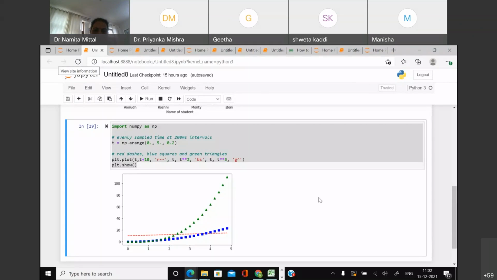The second statement is t, can be anything, it's a variable name. np dot arange is a way of creating, आप एक array को create कर रहे हैं। जैसे मैंने लाइन स्पेस किया था, वैसे अरेंजमेंट ऑफ नंबर्स from 0 to 5 in intervals of 0.2.